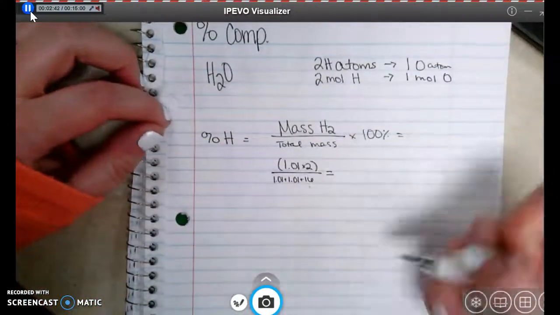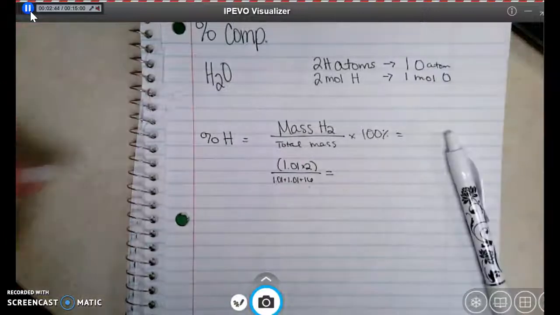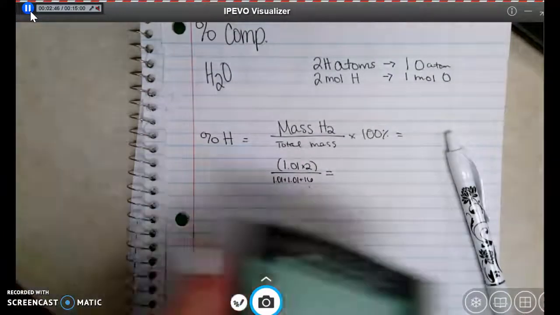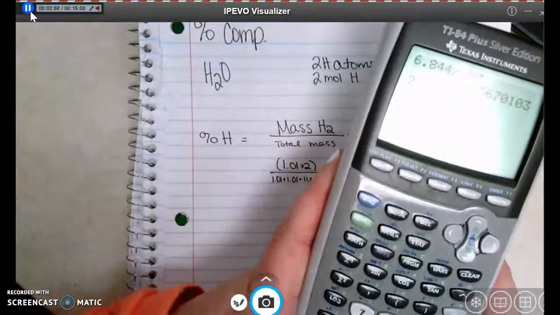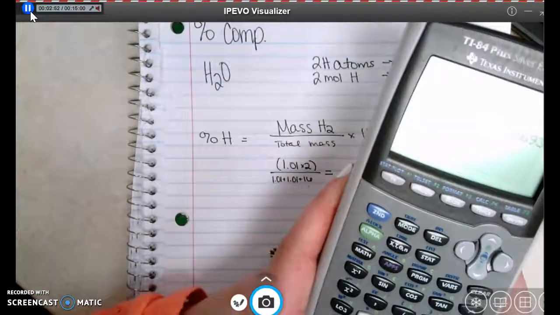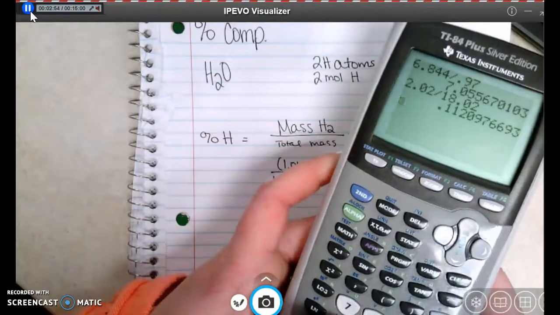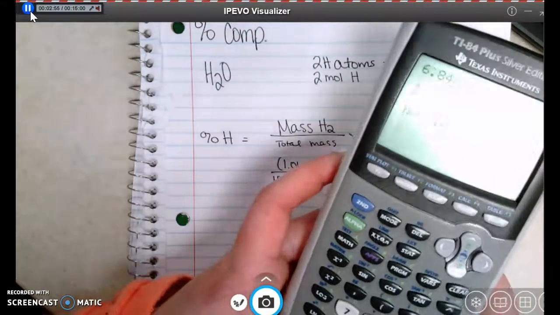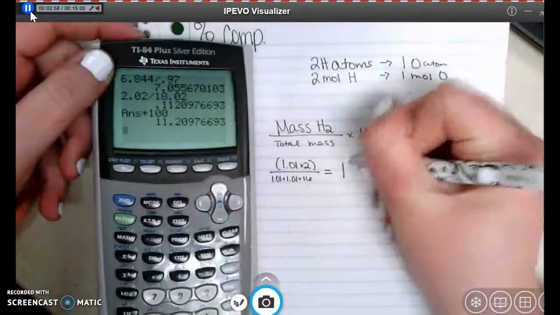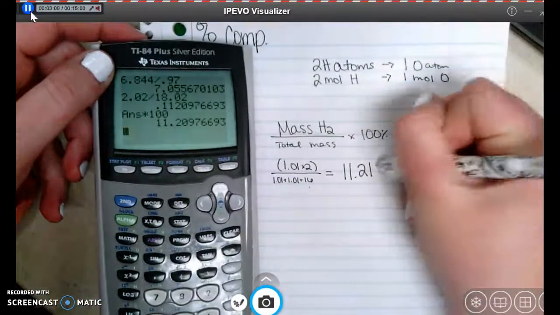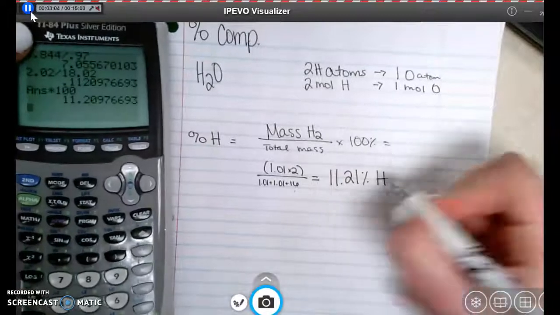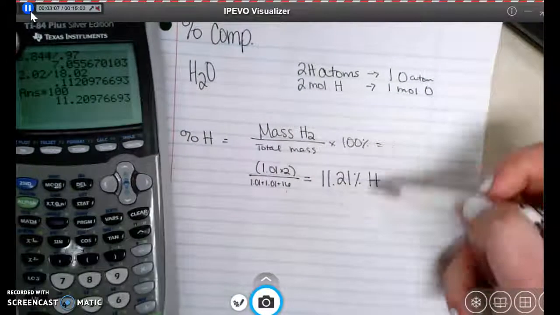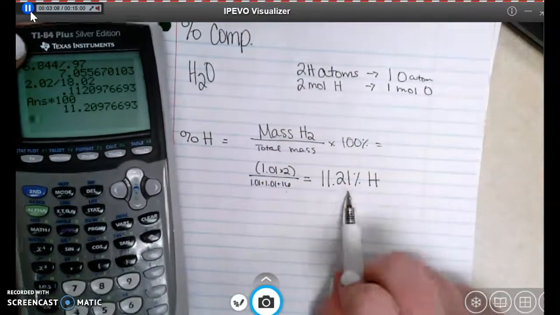So 2.02 over 18.02 gives me that number, and I multiply that by 100 because I want a percent. So I've got 11.21%. That is how much of the mass belongs to hydrogen.